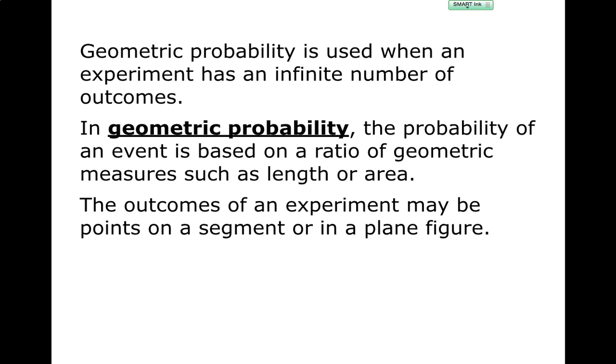So the outcomes of an experiment may be points on a segment or in a plane figure, like the area of it, because it would be covered by lots of points. There are three main types of models we're going to look at: a length model, an angle measure model, and then an area model. And those are the three that are in your chart for your notes.